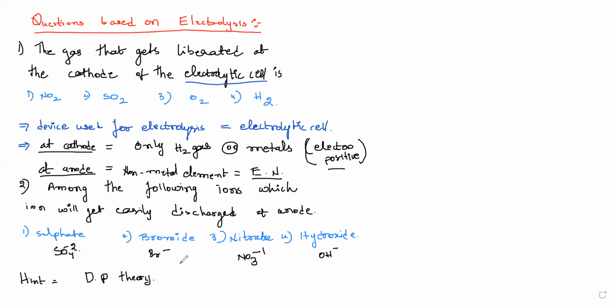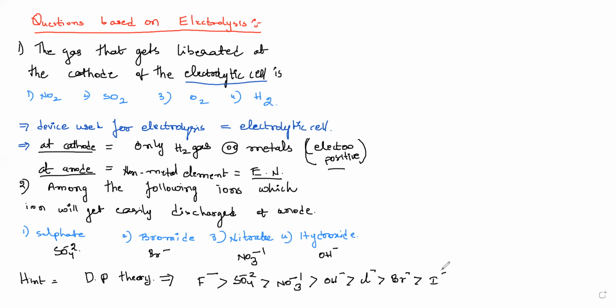So the order of DP value of anions is F-, SO4 2-, NO3 -, OH-, Cl-, Br-, and I-. This is the order of DP value of anions.